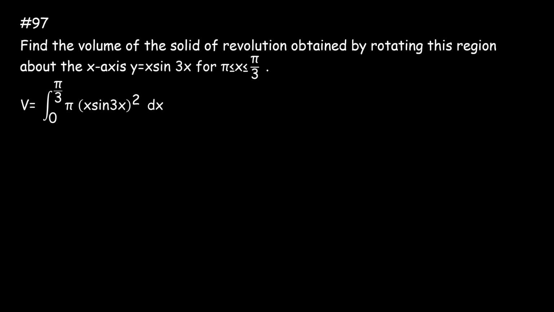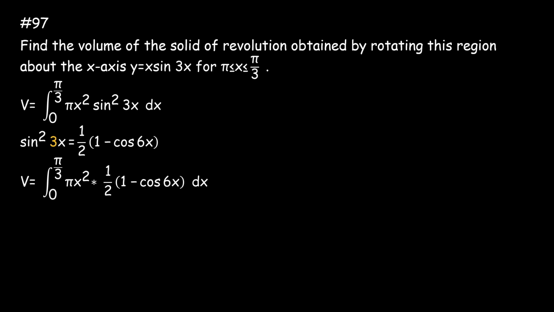Good. So if we expand the brackets, this is going to give us the integral of pi x squared sine squared 3x. Now, sine squared x is equal to half into 1 minus cos 2x. So what would it be for 3x? We use the same tactic that we did before by multiplying the angle by 3, which would be half into 1 minus cos 6x.